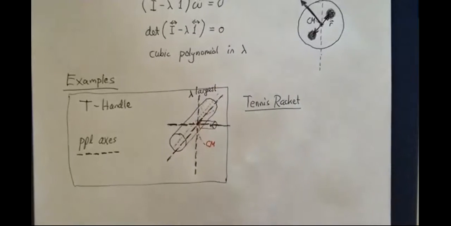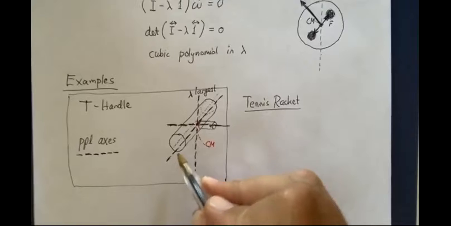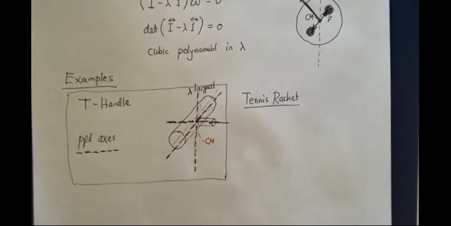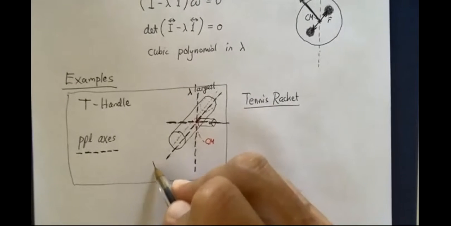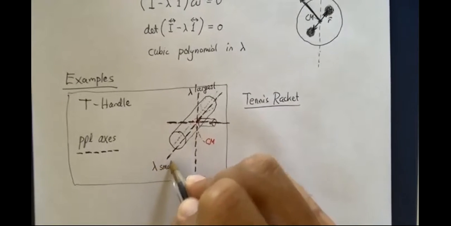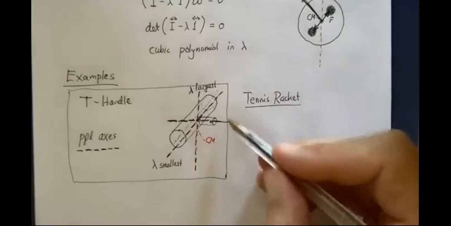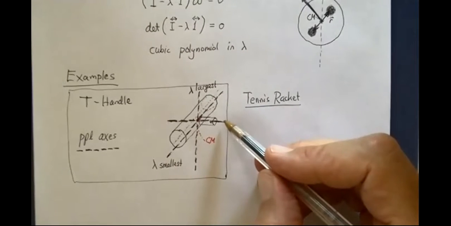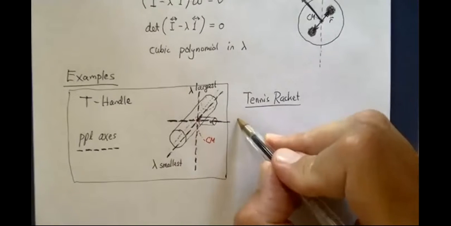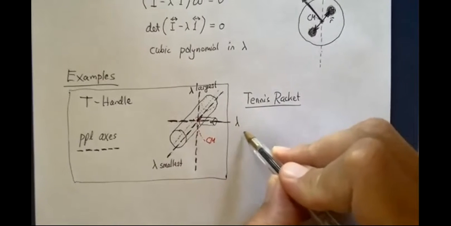And this will have the smallest, right? If you look down this axis, the mass distribution is very close to the axis of rotation. So lambda smallest. And this one here, there's only one option left, and that's intermediate. So this is lambda intermediate.